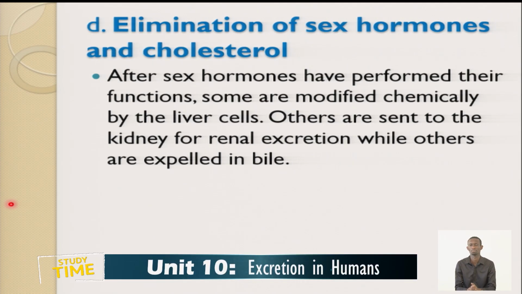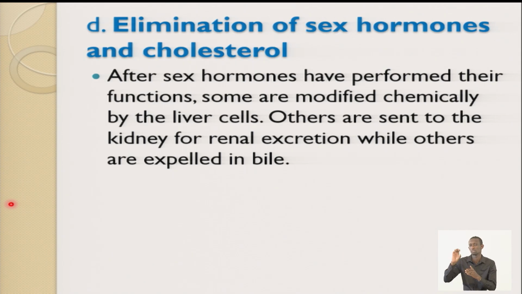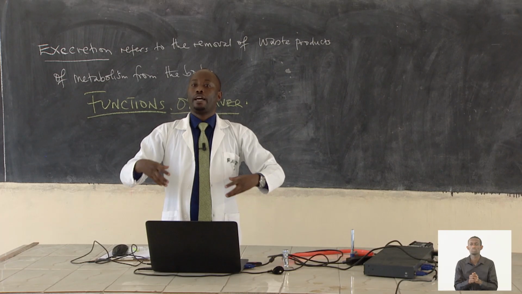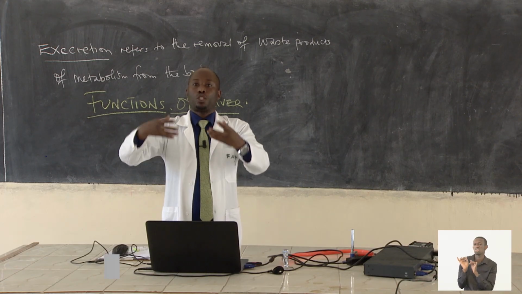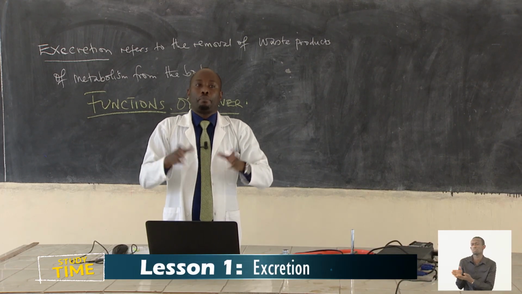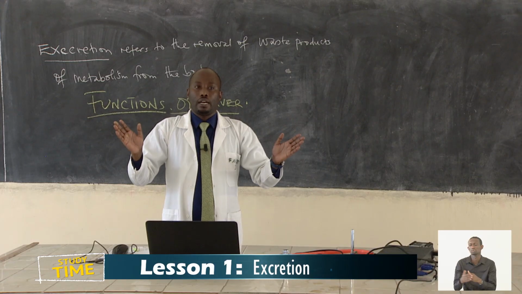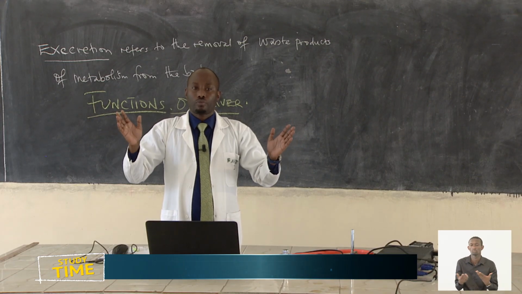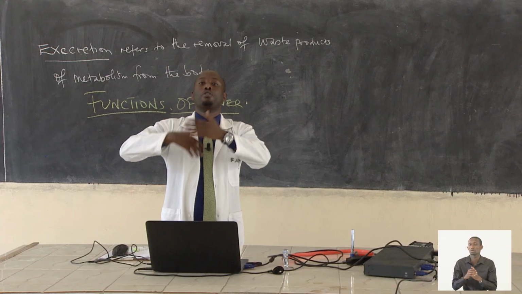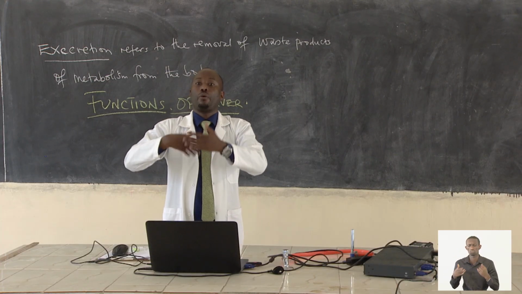We have another one which is called elimination of what we call sex hormones and cholesterol. We know that sex hormones have to be released from our body, because once these sex hormones are manufactured in our reproductive organs, and stored temporarily in the epididymis or in the ovaries, they have to be removed from the body. How will they be removed?